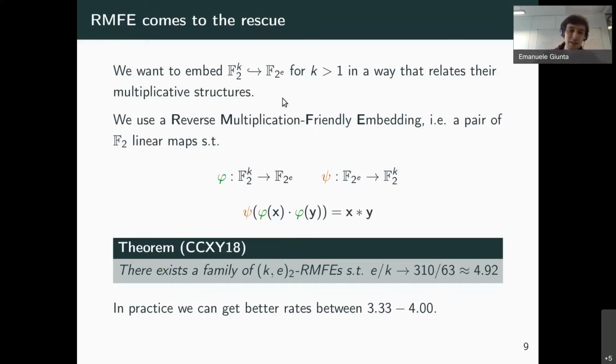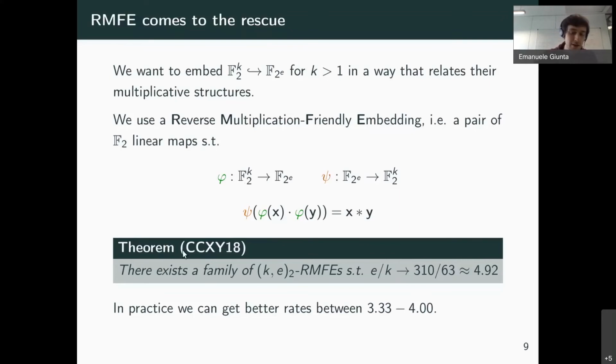The lower the rate e over k, the better the embedding. The nice property of this embedding is that it allows us to compute the Hadamard product of two embedded vectors. Given the embeddings of x and y, we have another map that goes back to F2 to the k that allows us to compute the Hadamard product of x and y.